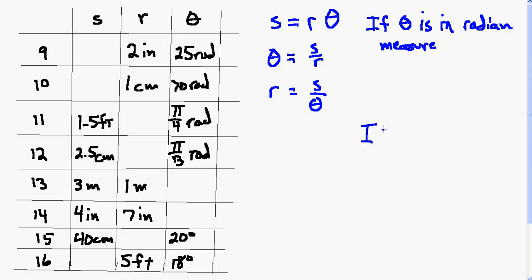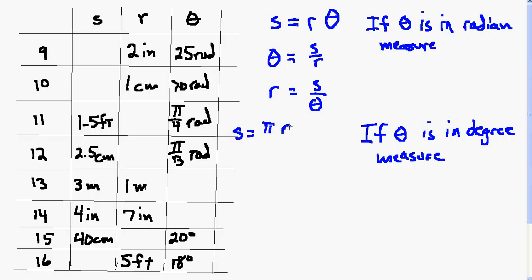Now, if theta is in degree measure, then we have the formula S, again being the arc length, is equal to pi times the radius times theta in degree measure, all over 180.